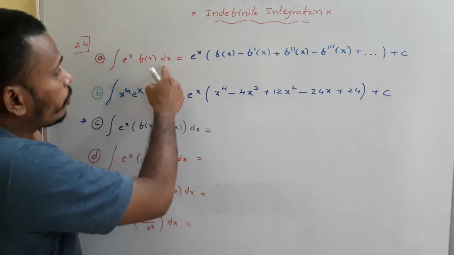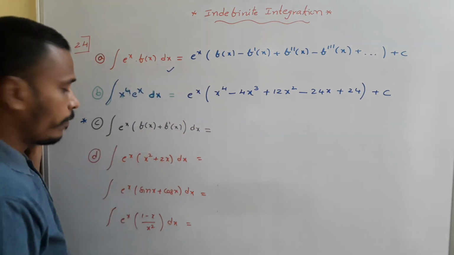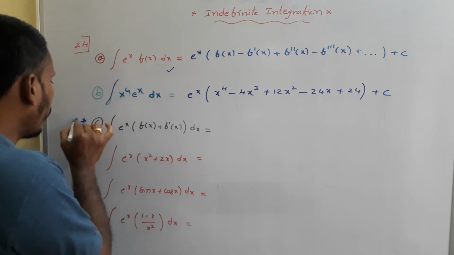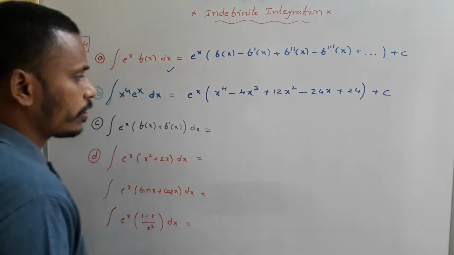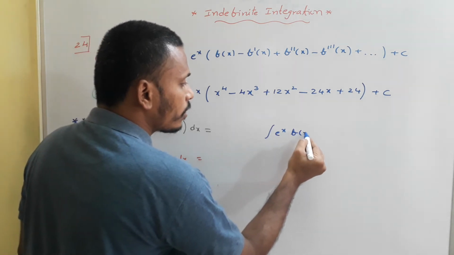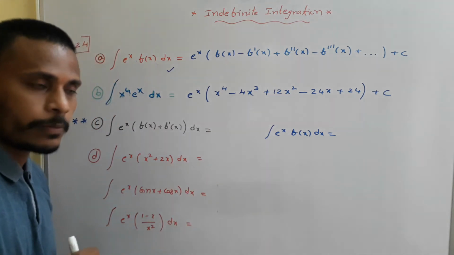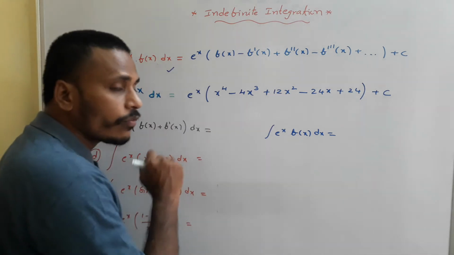Okay. Now from this first one, we will generate this particular idea. Just have a look. So okay, this is a very useful formula. And now what is this? See, as we discussed, for integral e power x f of x dx, just apply integration by parts. If you apply integration by parts, what will happen?